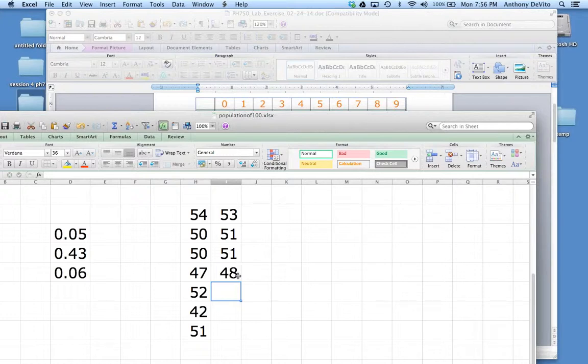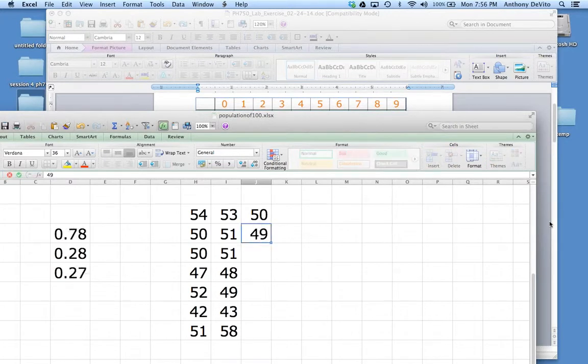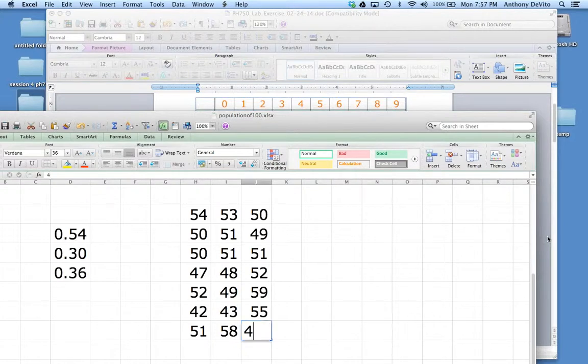48, 49, 49, 43, 58. Okay, I'm going to take a few more. 50, 49, 51, 52, 59, 55, and 46, 45.